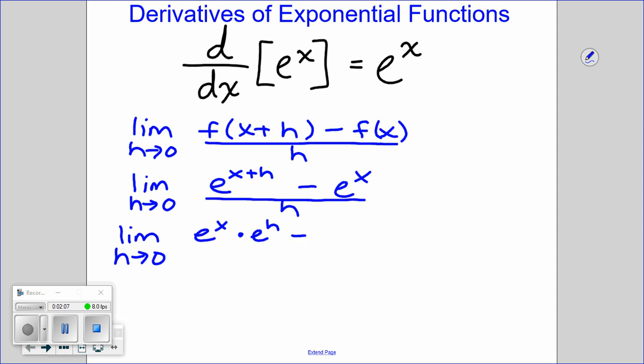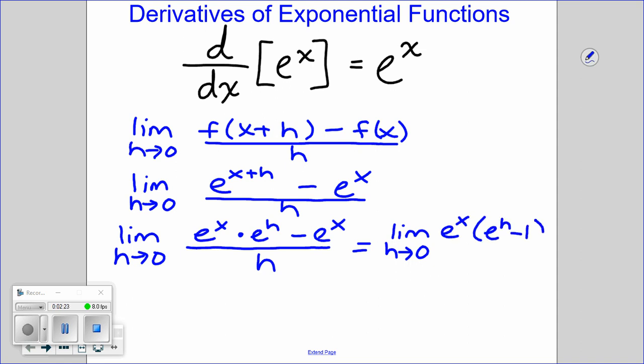Then minus e to the x, all over h. Then what we can do is factor out an e to the x in the numerator. So we'll end up with e to the x times e to the h minus 1, all over h.